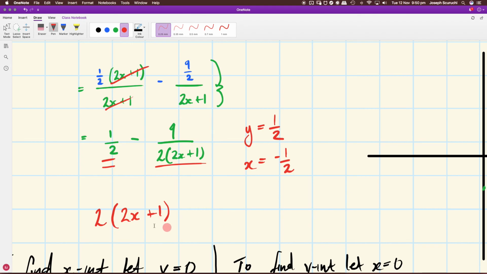So what I would have to do is get this and go 2x plus 1 cannot equal 0. I would then rearrange, bring this negative 1 onto the other side. I've run out of room. I'm just going to have to do this. Then I'm going to get x equals negative 1 over 2. So that's how I got my x asymptote. So my x is negative a half and my y equals 1 over 2.